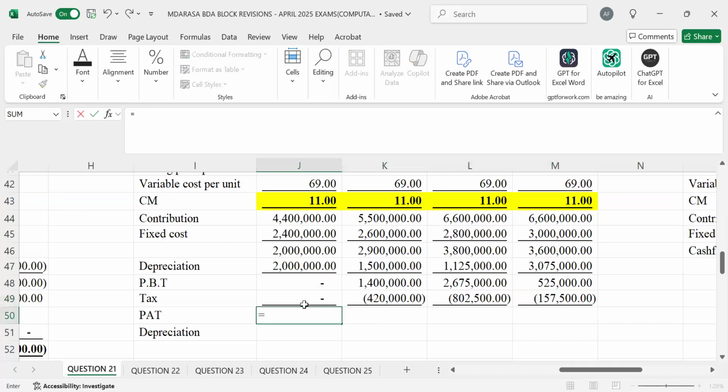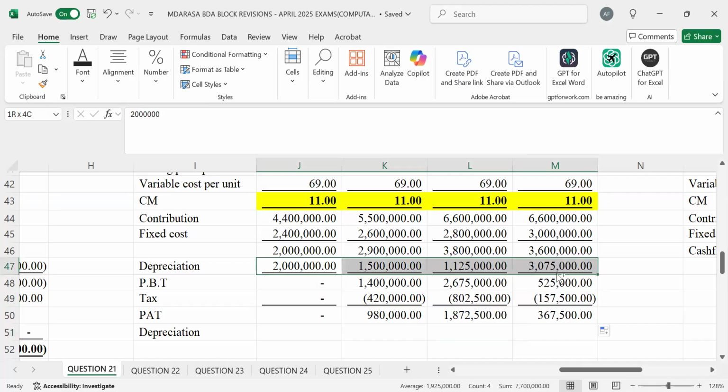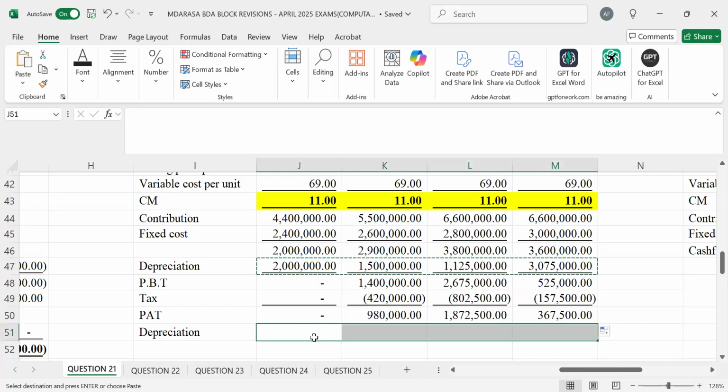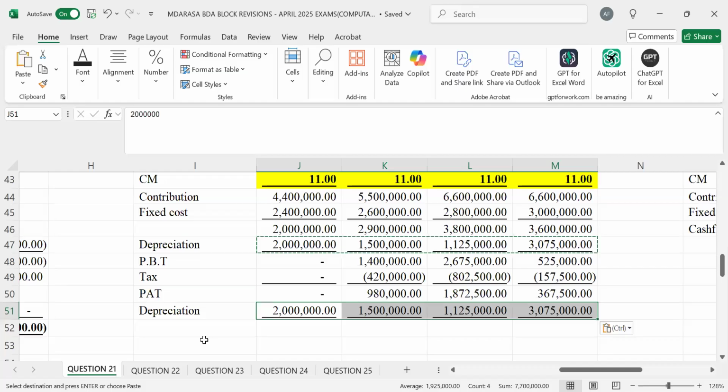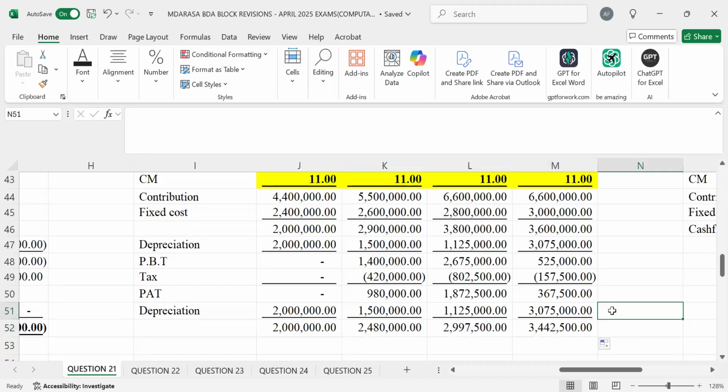Then you come and add back depreciation, so that our cash flows here would be that plus that, adding back depreciation. This would be our cash flows.